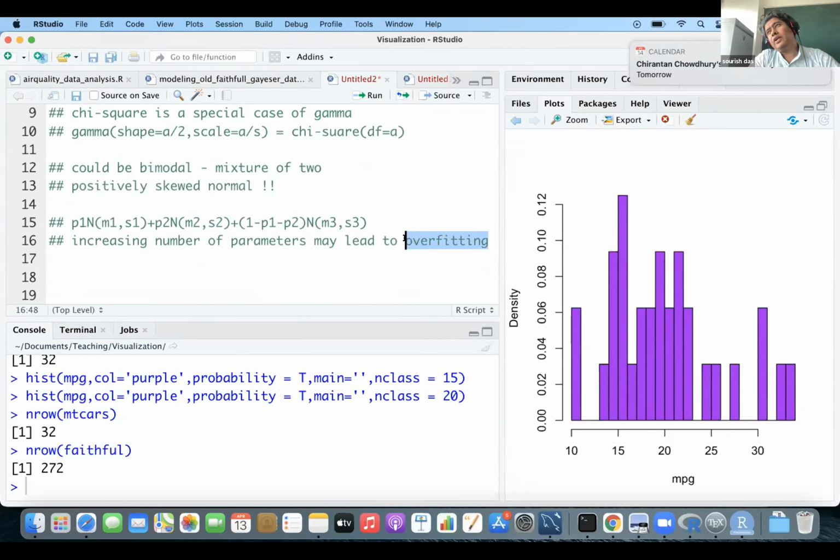So basically, at the end of the day, remember that my data set is finite. I cannot increase my data set unless I'm observing newer and newer data every day. If my data set is finite and I make too complex a model, as I keep increasing the complexity, the number of parameters will keep increasing.